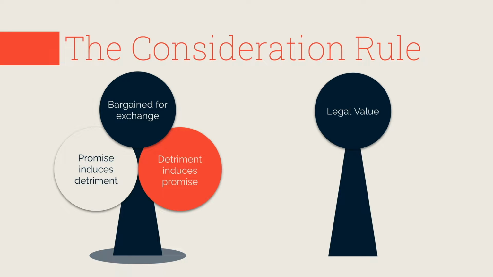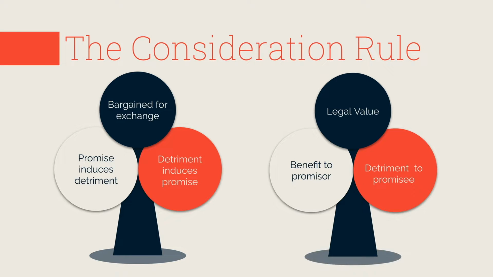Second, that which is being exchanged must be of legal value, defined to mean either a benefit to the promisor or a detriment to the promisee. Remember, when we talk about a bargain for exchange, it's an and, not an or. We must have both the promisor's promise inducing the promisee's detriment and the promisee's detriment inducing the promisor's promise.